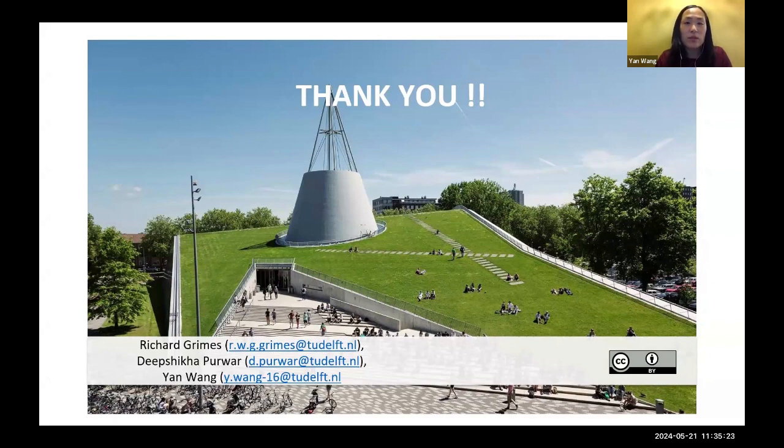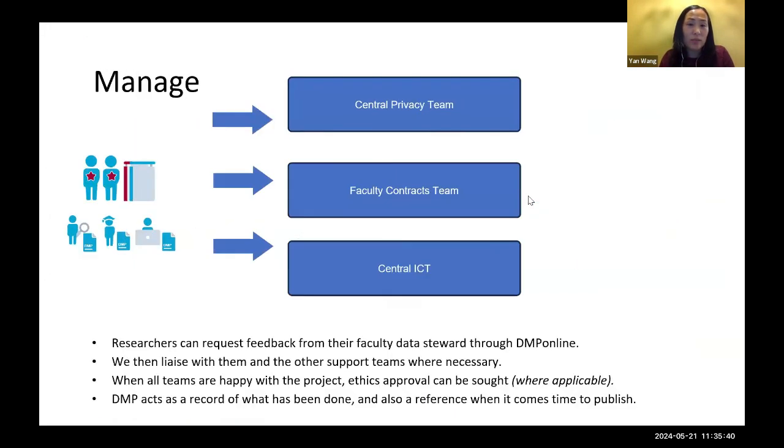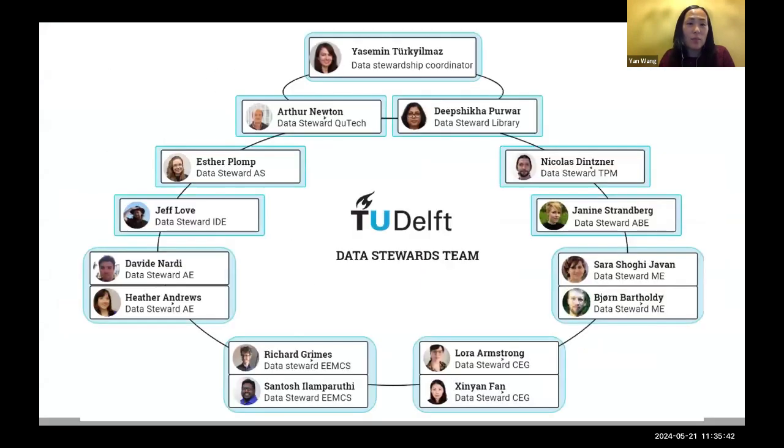Because if you remember the ecosystem diagram Deepshikha showed, it's not just the data stewards team working on RDM support. We have so many partners in the university, the different services. And these people we need to maintain contact with. Meanwhile, the data steward team needs to really improve the daily practices within their own faculty disciplines. So there's simply too much work, also at the team level. So that's why we now also have the library data steward.